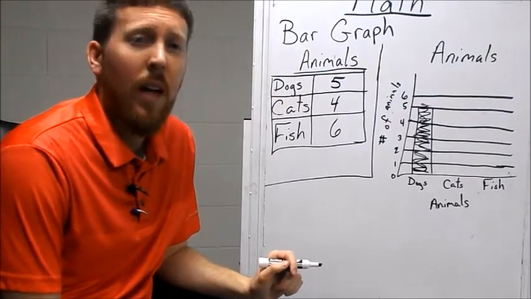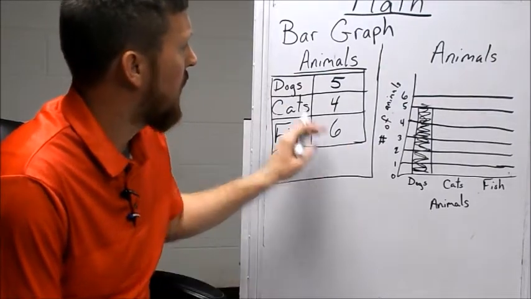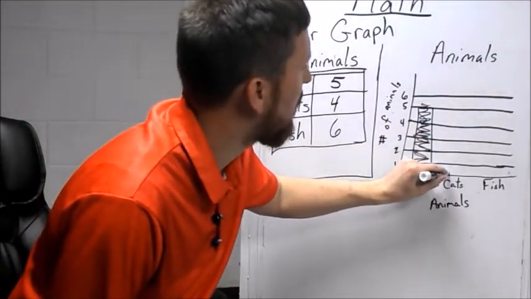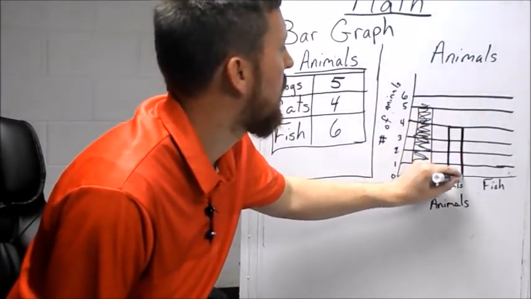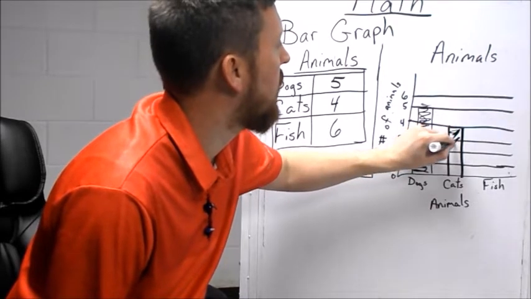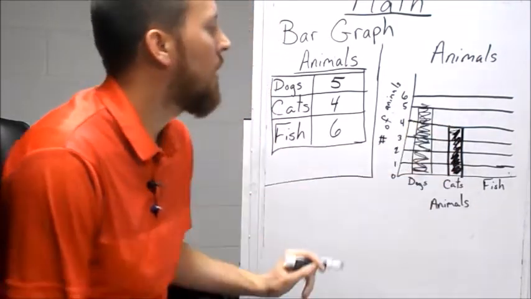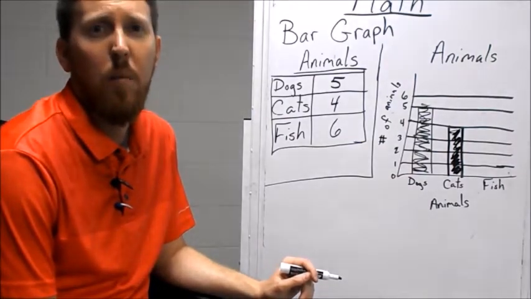And I have shown now that there are 5 dogs. I look at cats. Cats, there are 4 cats. So again, I'm going to draw my rectangle for my bar, fill it in, shade it in, and I have that bar completed.